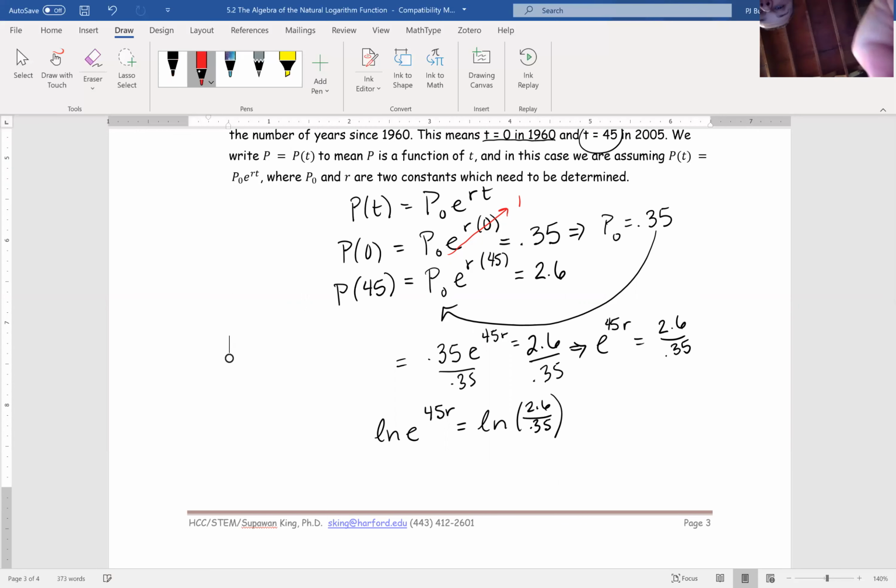So again, these are inverse functions. They cancel. We get 45r. Finally solving for r.